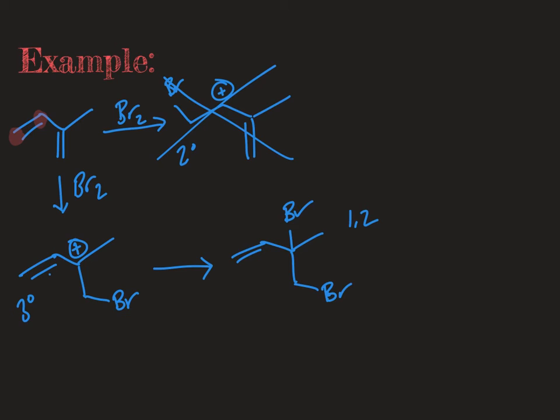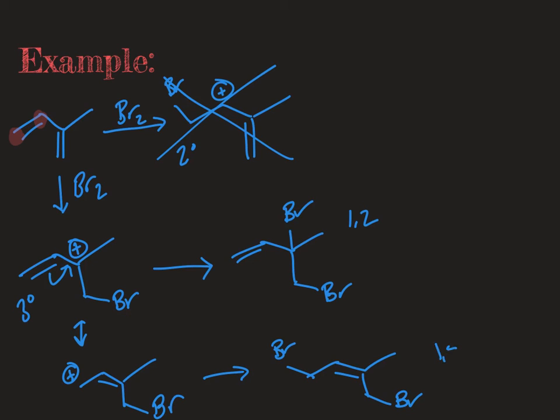If we do some resonance electron shifting here, we will form another carbocation, which in this case is primary, less stable, but under thermodynamic control we can get there. And now we're going to have our 1,4 product. So those are going to be your 2 options.